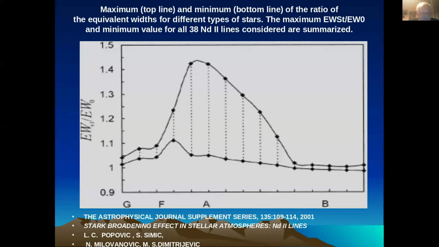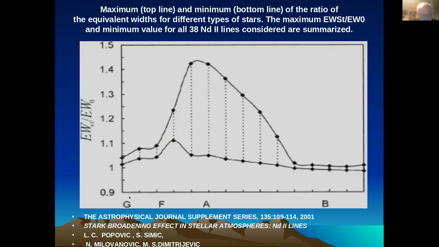And for example, looking at normal stars, this is a graph from a paper which is the principal paper of the Master of Science thesis of Sasha Simić. You have here on the abscissa spectral types of stars.